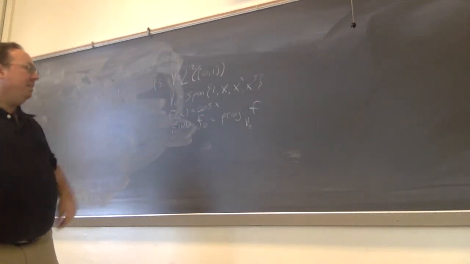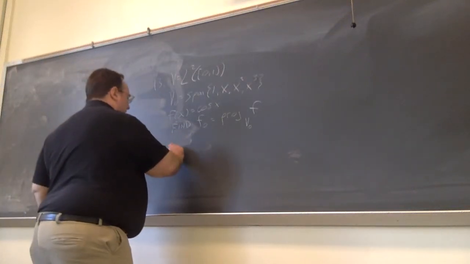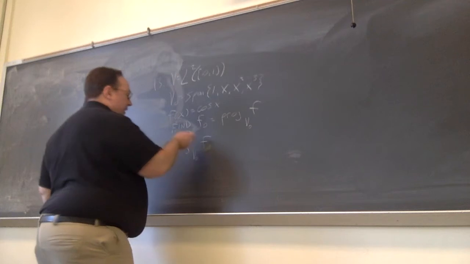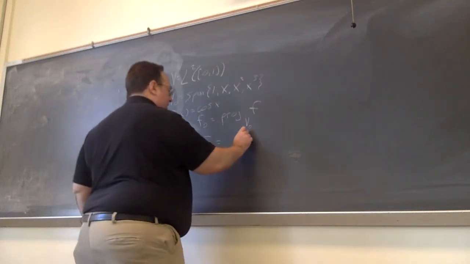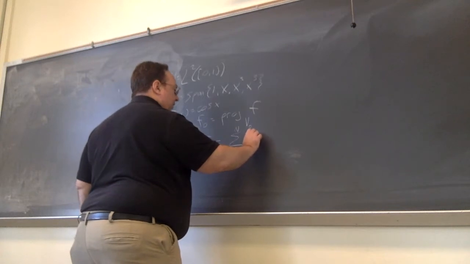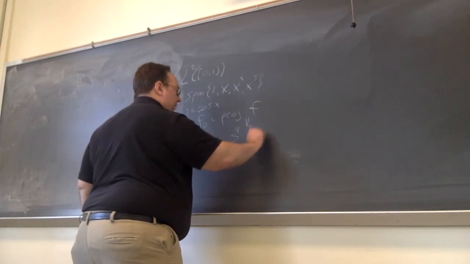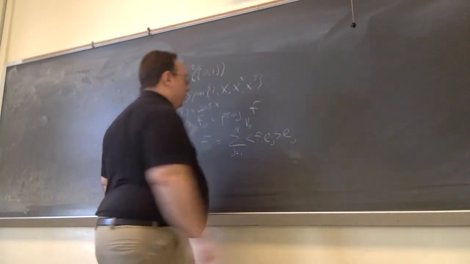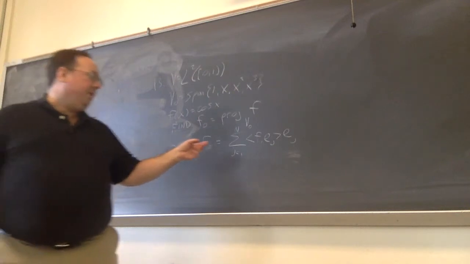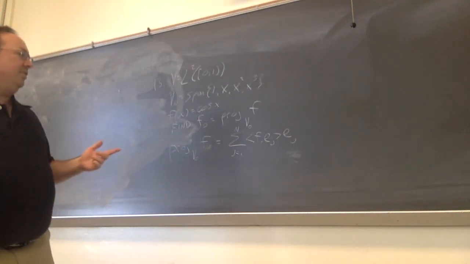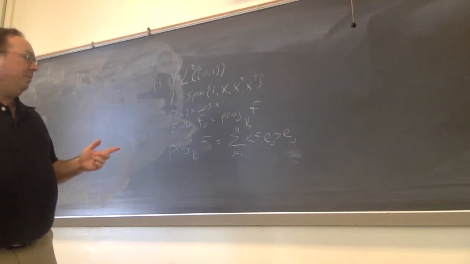Now the thing is, for a projection of a general function f onto some space V naught, the definition that's given is this linear combination where you take the inner product of f with your basis functions, but there's one problem.